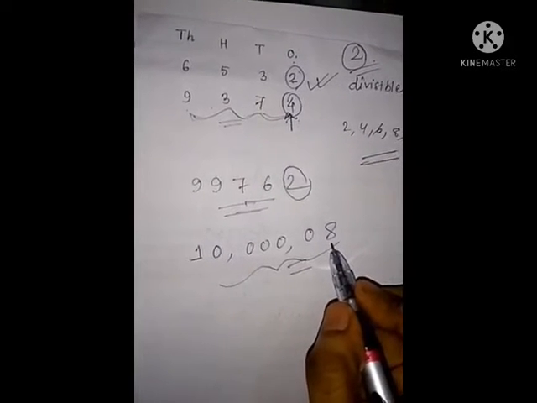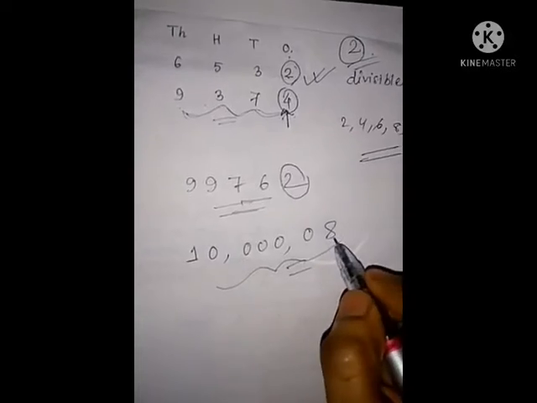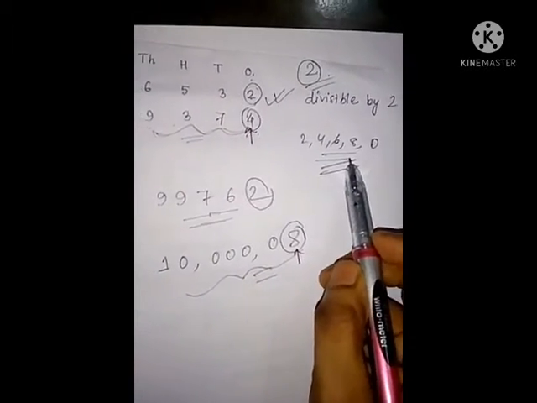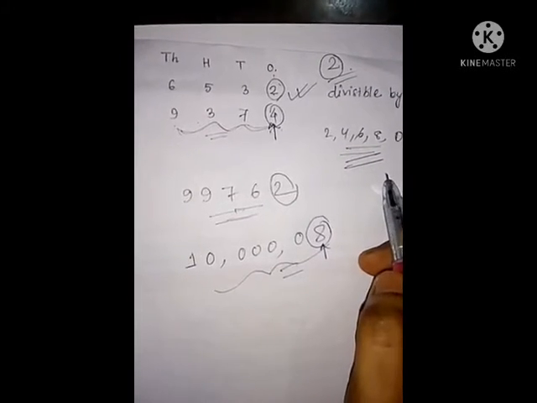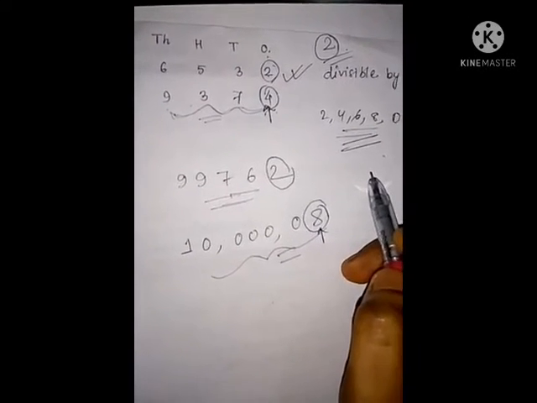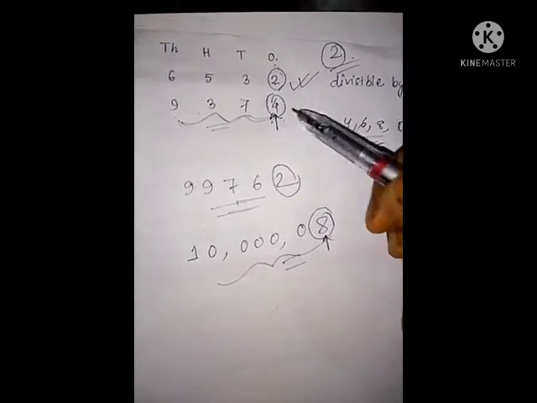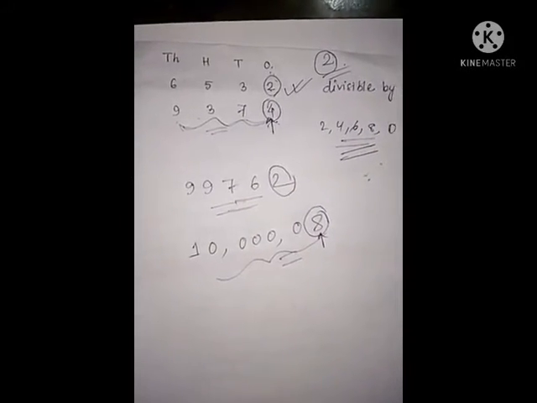This is also divisible by 2 because in the ones position 8 is present. So that's how we can find out whether a number is divisible by 2 or not, by seeing only the ones position. Understand, students?